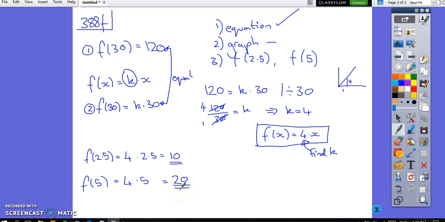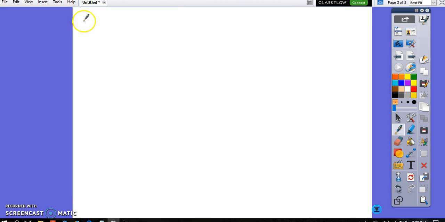So I've done 388F. Now, I'm going to have a look at 389F, so the next question. Oh, that is an F, I promise. And that's at the top of the next page, page 124. So we know that the costs, k of x, of a product are directly proportional to the amount of the product.